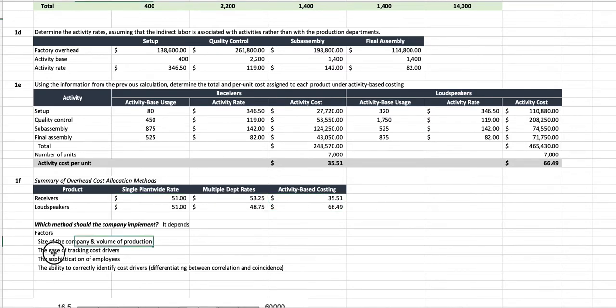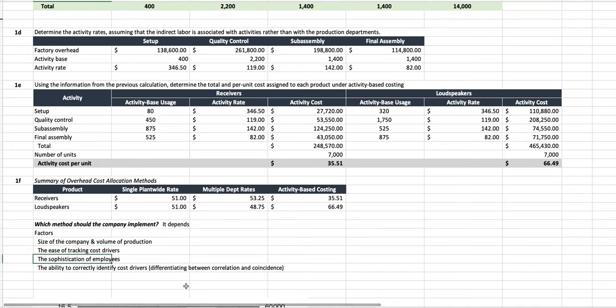We also want to look at the ease of tracking cost drivers. If you work for a smaller company that's still paper-based, then the time and energy that it takes just to collect the data and enter it into some type of software system, whether it's Excel or a specialized system, that really may just be more costly than it's worth.